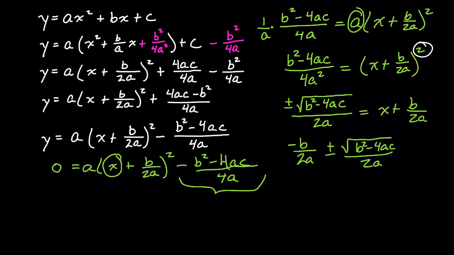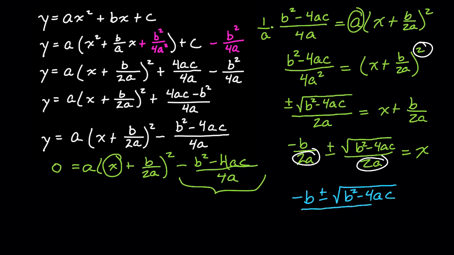And since both of our fractions here have the same denominator, we can combine these together into one fraction, with the numerator being negative b plus or minus the square root of b squared minus 4ac, all over 2a.